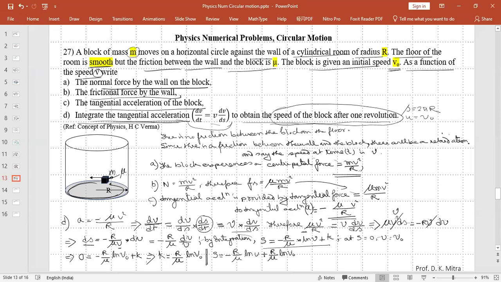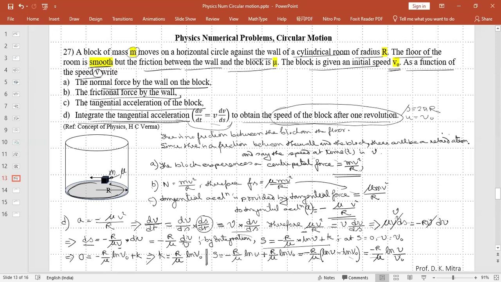So if you take minus r upon mu outside the bracket, what you have inside is natural log of v minus natural log of v0. Now, this is equal to minus r upon mu, and natural log of v minus natural log of v0 is equal to natural log of v by v0.